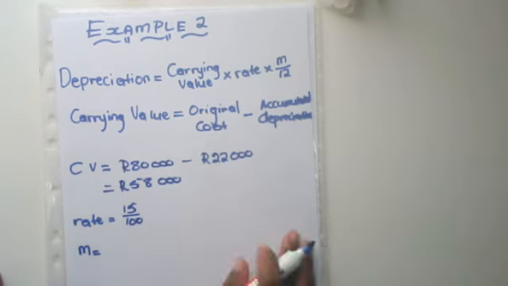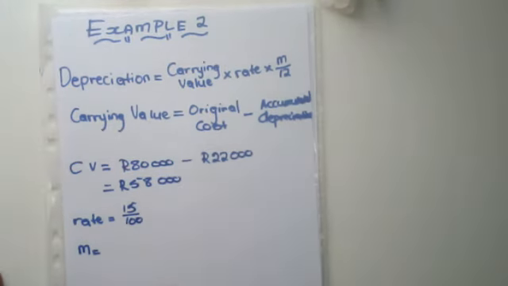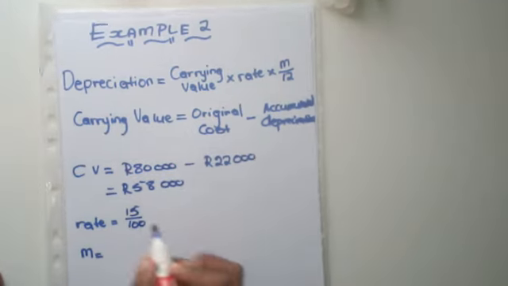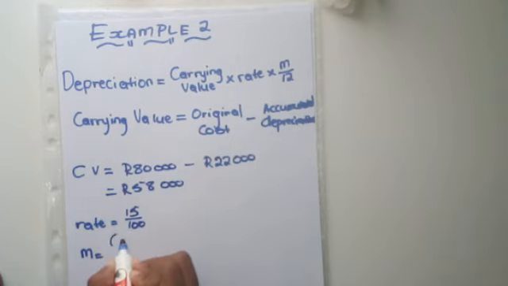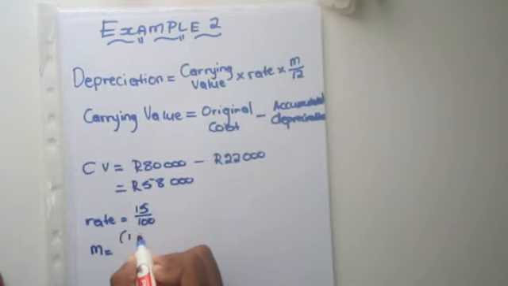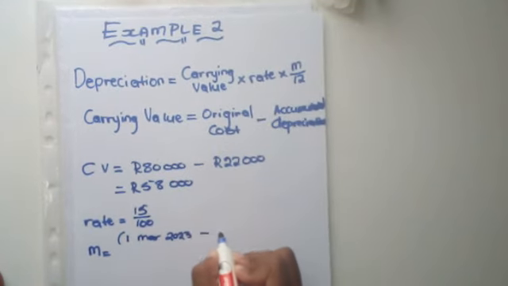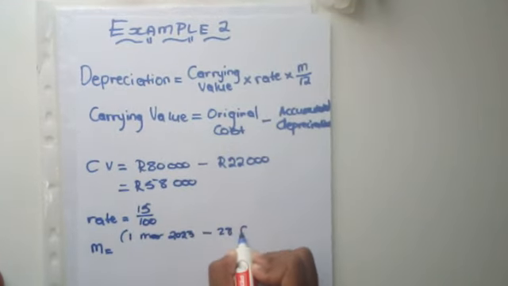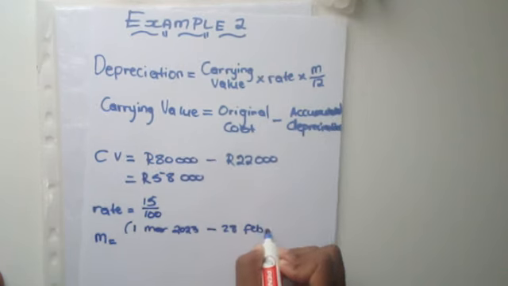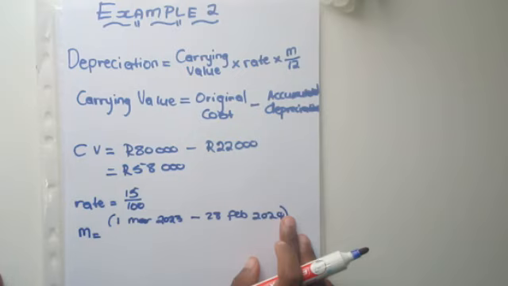And then for M, again, it is important that I remember my financial year. It is the same financial year, so it started on 1 March 2023 and ended on the 28th of February 2024. My asset was sold on the 31st of December 2023.